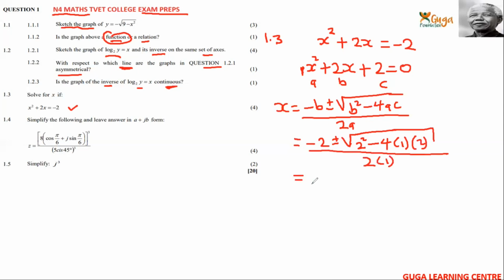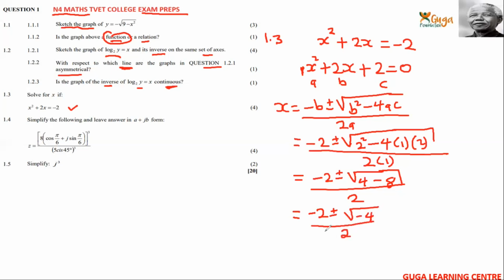Yeah, so you've got negative 2 minus or plus the square root of 4 minus 4 multiplied by 1 multiplied by 2, which is minus 8, all over 2. Yeah, minus 2 minus or plus the square root of 4 minus 8, which is negative 4, all over 2, right?